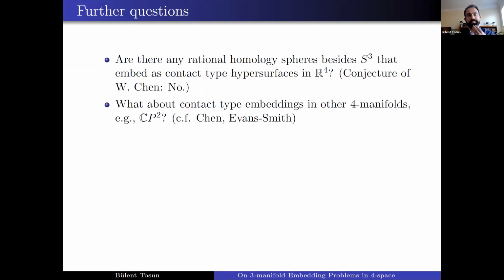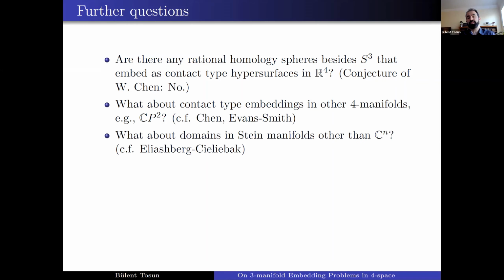So another question is that we can ask all these questions about various domains in Stein manifolds other than C^n. And maybe Eliashberg and Cieliebak's paper could be useful for this question.